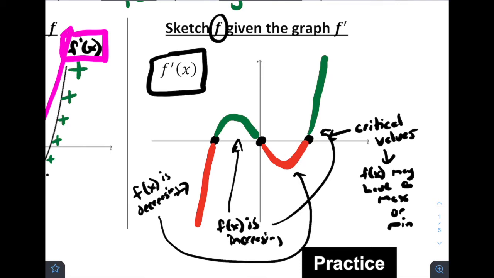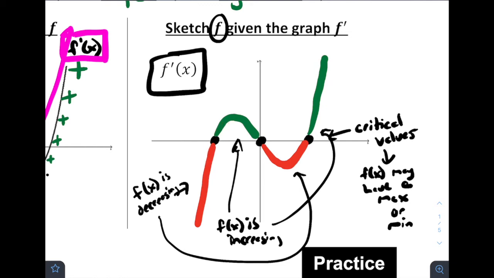Again, we're really tying in a lot of the information we learned earlier in chapter 5 into this graphical interpretation of the derivative. What else do we know from earlier in chapter 5? Well, we see at this particular x value right here that the derivative is changing from negative to positive.